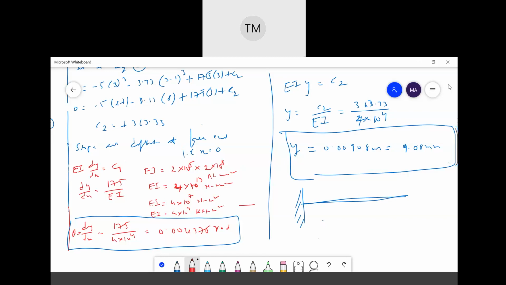So the deflection of this beam is like this. This distance, the vertical distance, is nothing but a deflection. And slope is the angle of this deflection curve. Is it clear? It is a theta.